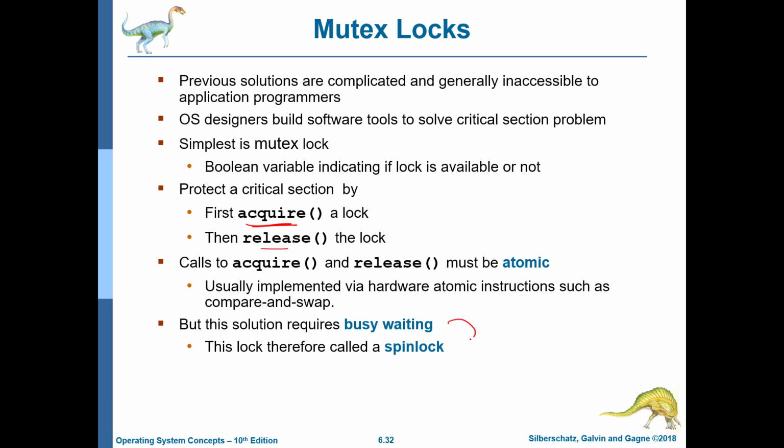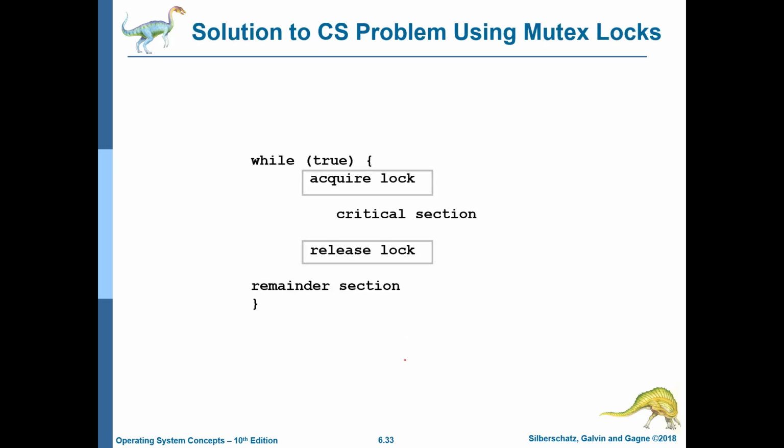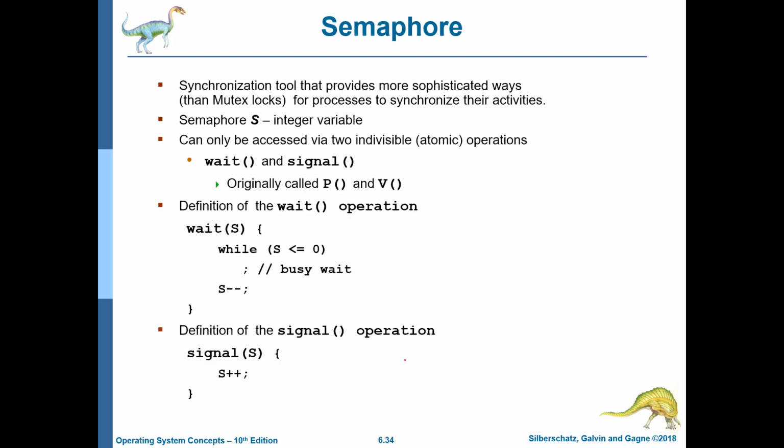And this solution does require busy waiting, in the sense that if you are not able to acquire a lock, there is a need to go round and round in a while loop. So this is also known as a spin lock, or busy waiting. The solution to the CS problem using mutex locks: you acquire, critical section, release.